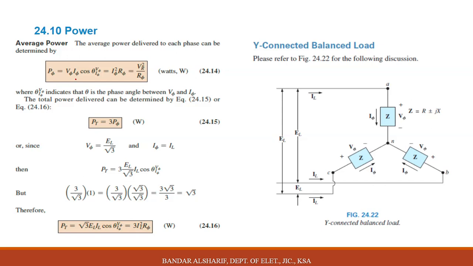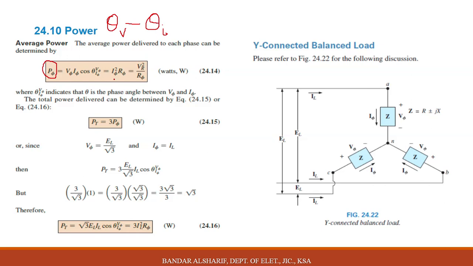Be careful, phase with phase, multiplied by cosine theta, where theta is the difference between them, theta V minus theta I. Okay, this is the single phase active power. Later we'll talk about three phase or total power, since we have three phases.